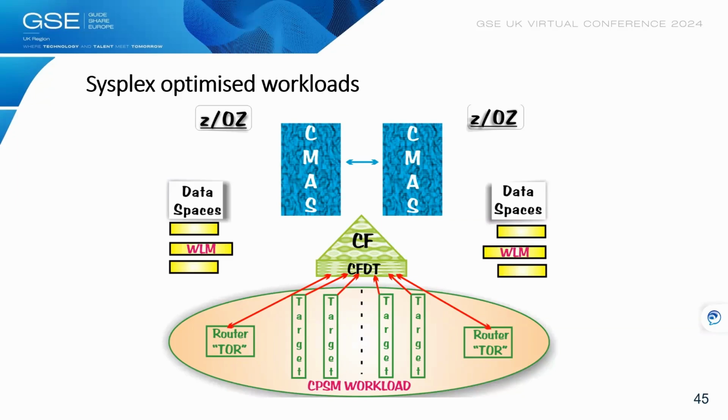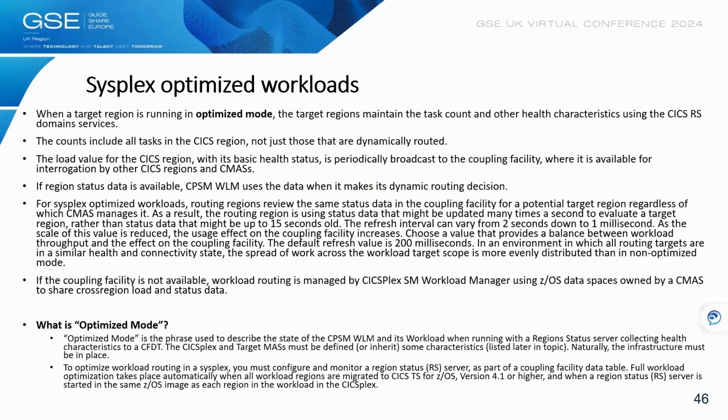So IBM invented the concept of CICSPlex optimized workloads, which will do a better job of shipping workload between LPARs. And you could read through this. It shows you how to set the individual parameters, right? The load value, how many counts there are, and whether or not you should use optimized workload.